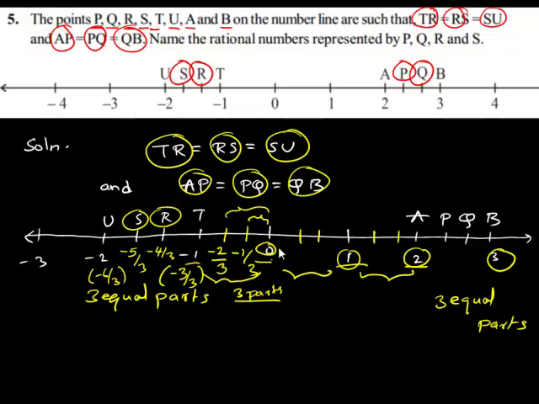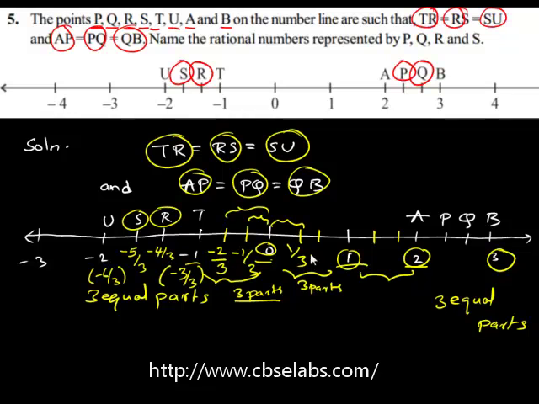Then we have the first point is 1 upon 3, which indicates one part out of the 3 parts. Similarly, the next point will be 2 upon 3, which is 2 parts out of the 3 parts. Then this one can be indicated by 3 upon 3.